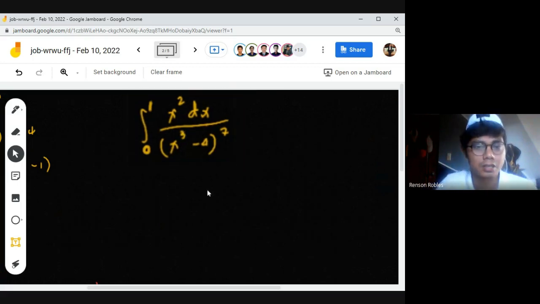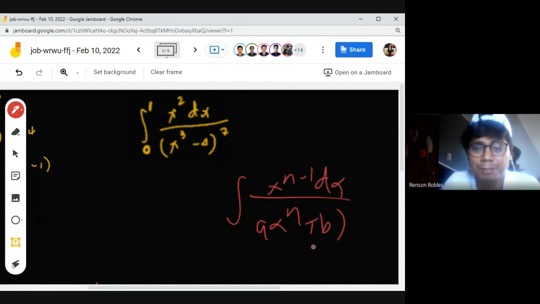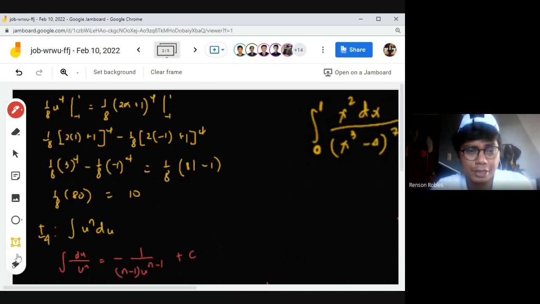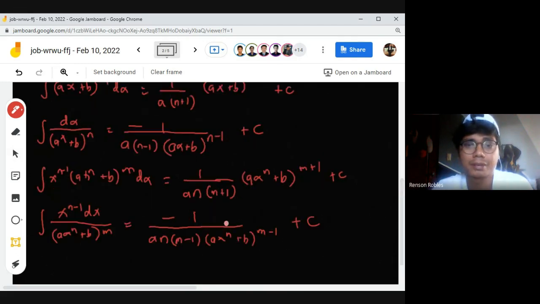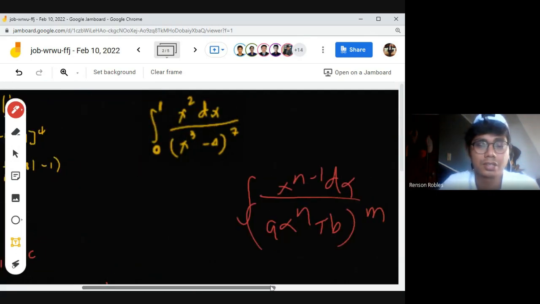Okay, so in this case, i-check nyo muna ha, kung siya baga ay nasa form ng x raised to n minus 1 dx over ax raised to n plus b raised to m. Para magamit nyo itong formula na to. Kasi if this is not written of this form, you cannot use the formula. So check natin. So this is 3.